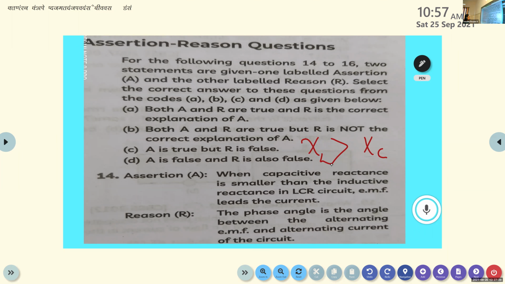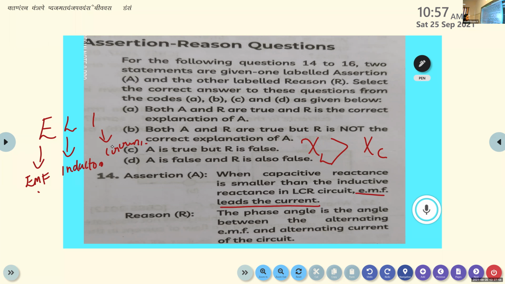For a purely inductive circuit, we have a shortcut to remember: ELI. E for EMF, L for inductor, and I for current. So if X_L is greater than X_C, it is inductive in nature. Then in an inductive circuit, we know that EMF leads current.